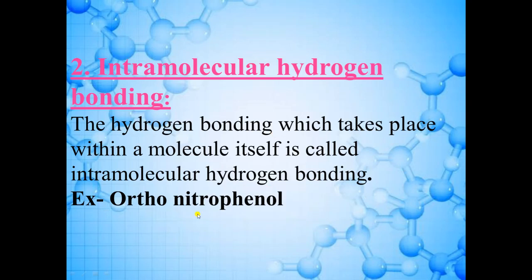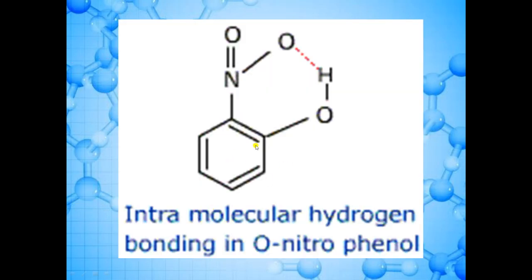An example is orthonitrophenol. Here you can see that this is orthonitrophenol, in which this is a benzene ring. On the benzene ring, one group is the nitro group, NO2, and the second group is OH, the hydroxyl group. These two groups are attached on the benzene ring. Now this is a molecule, and hydrogen bonding is between this oxygen and hydrogen.